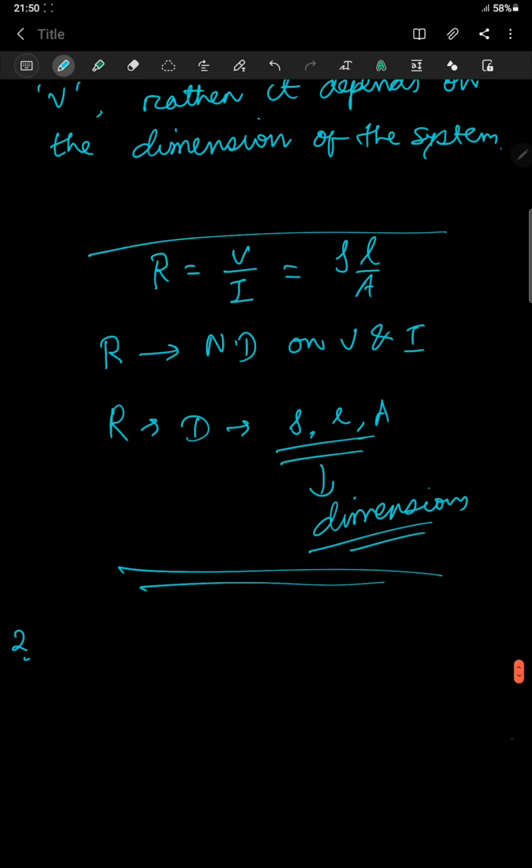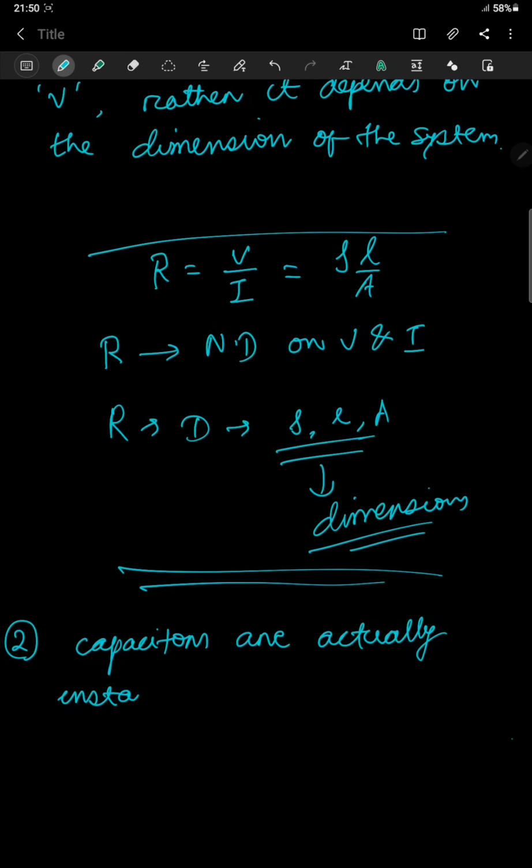The second important point for capacitors is that capacitors are instantaneous energy providing devices. Instantaneous energy providing devices. So these are the two things which you should always keep in your mind for reading capacitors.